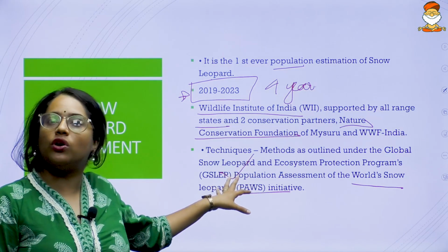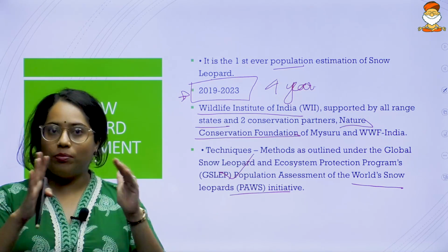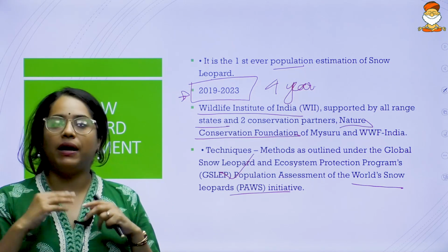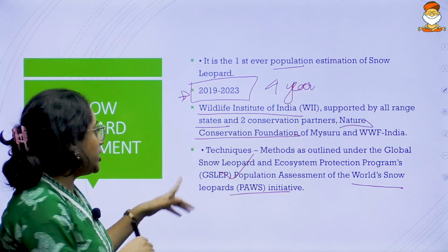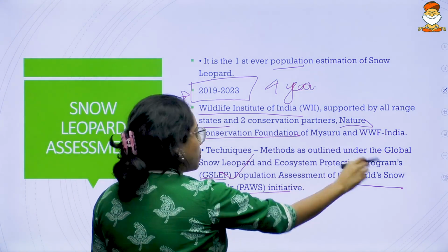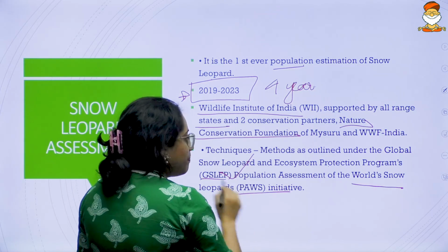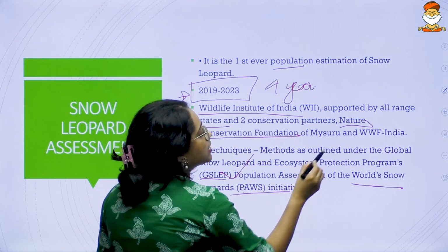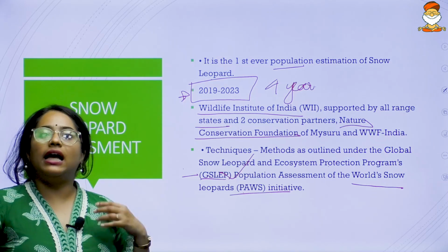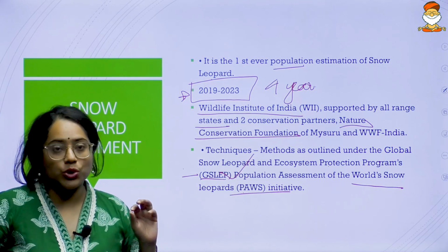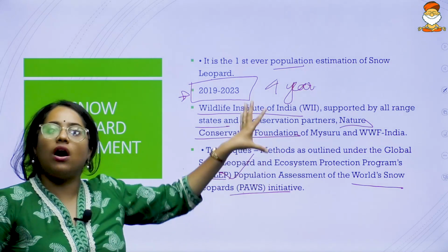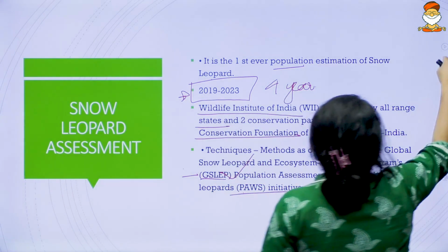So don't get confused with all of this. Globally, when you have to do a census, you will have certain methods given up by different organizations. So GSLEP, which is your Global Snow Leopard and Ecosystem Protection Program, and your PAWS initiative, which is Population Assessment of World Snow Leopards, both of them had given certain guidelines as to how the snow leopard has to be counted, and we followed those rules and we counted the snow leopard in a 4-year period.